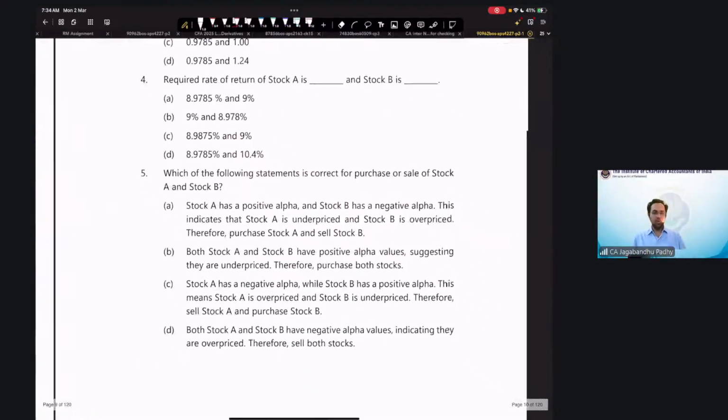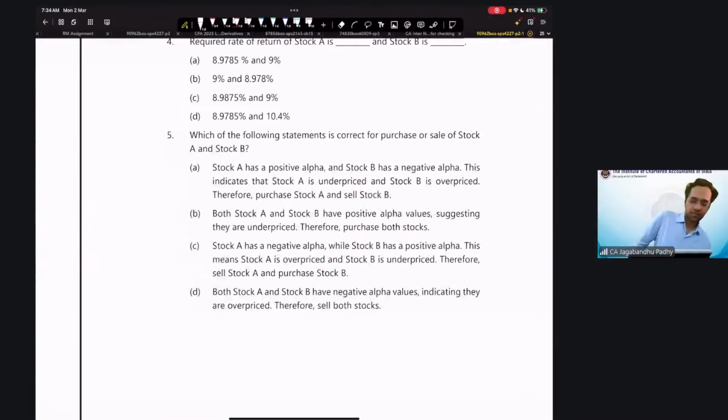Now, the fifth question. Which of the following statements is correct for purchase or sale of stock A and stock B? So which of these statements are accurate? Stock A has a positive alpha, stock B has a negative alpha.